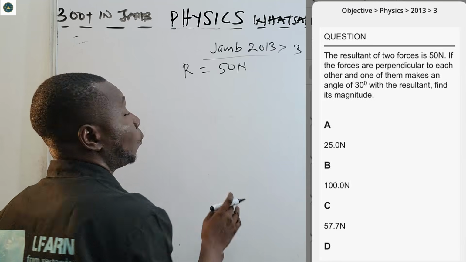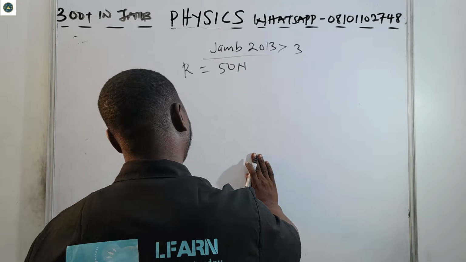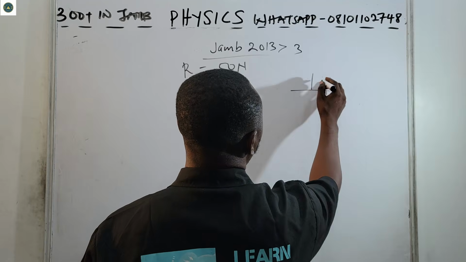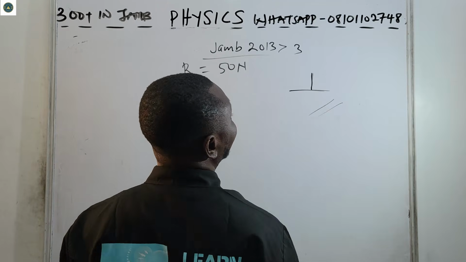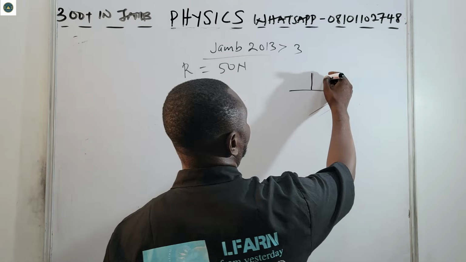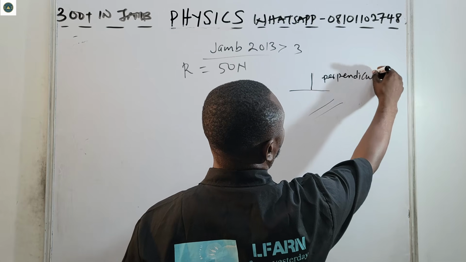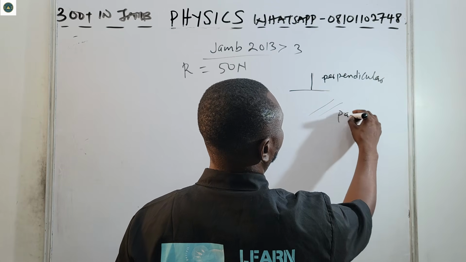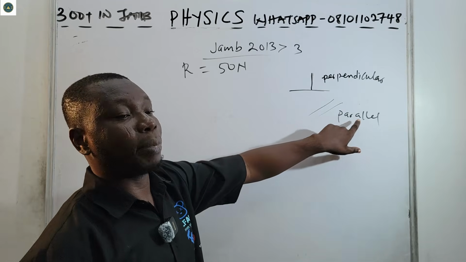So, when you hear the word perpendicular, if you see this sign in mathematics or physics, it shows perpendicular. But when you see these symbols, this sign shows parallel.